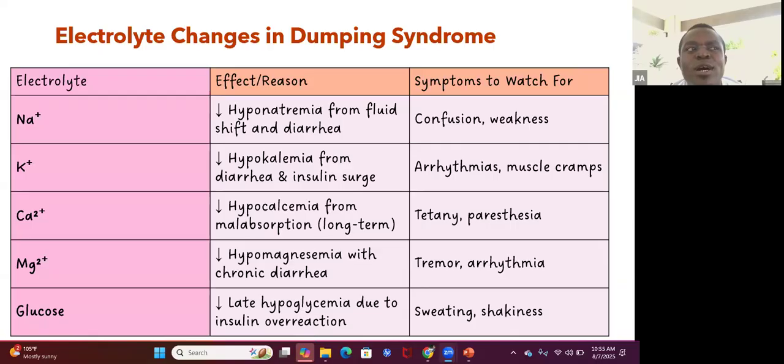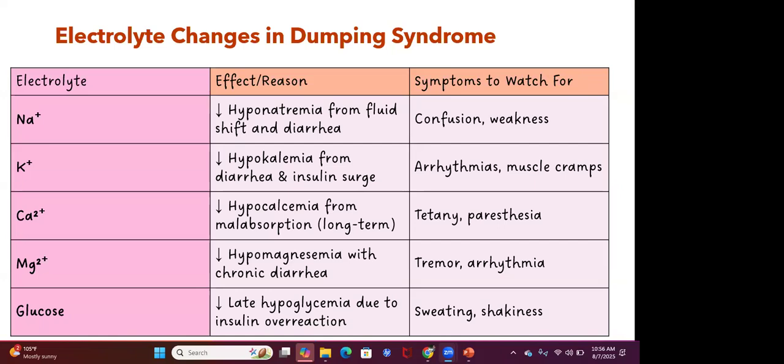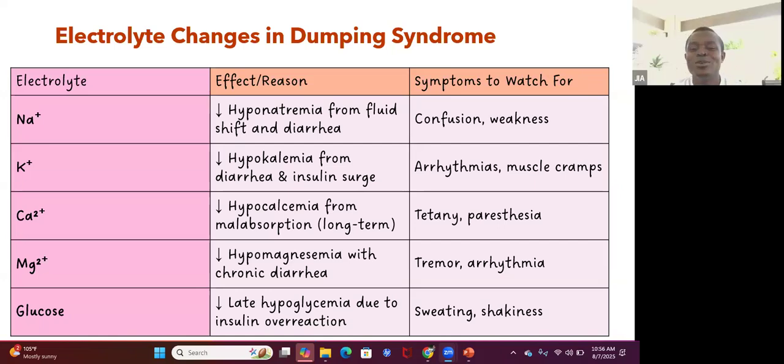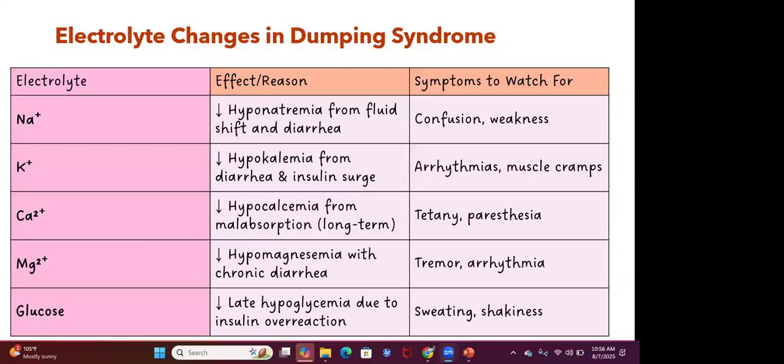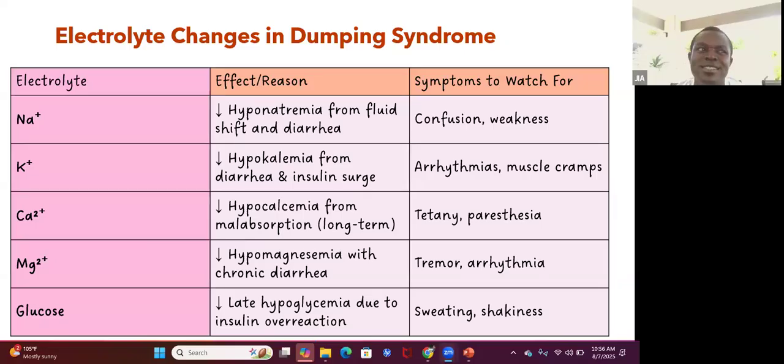So when potassium levels are high, you tend to give, what's the name of the drug? Yes, please. Calcium gluconate. Good. Calcium gluconate is cardioprotective.